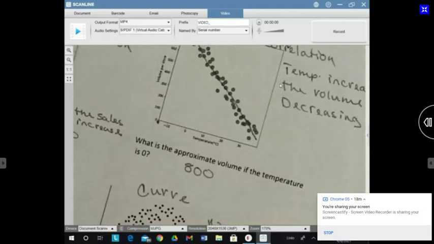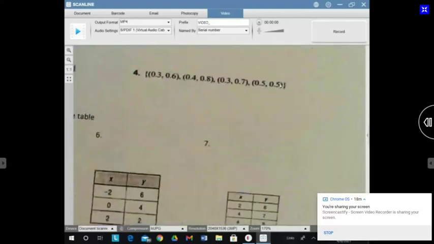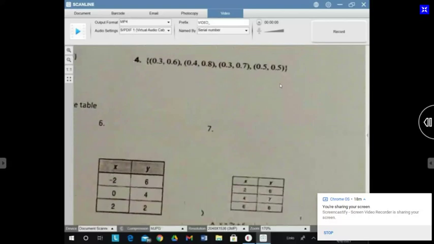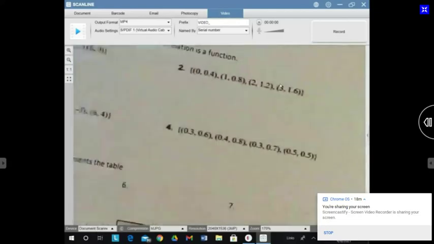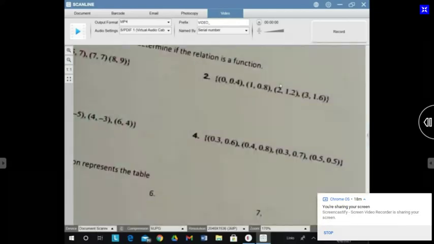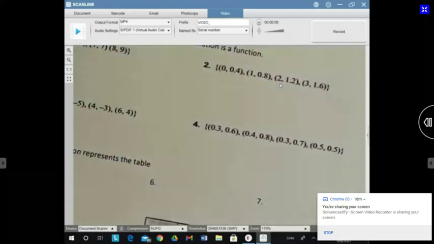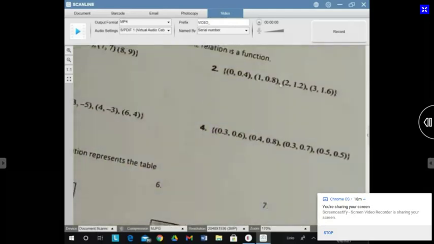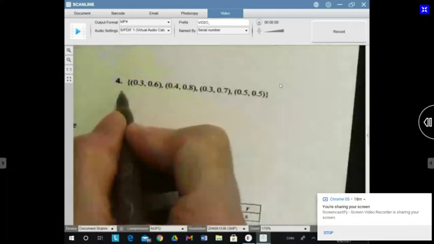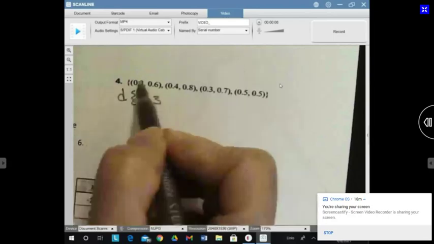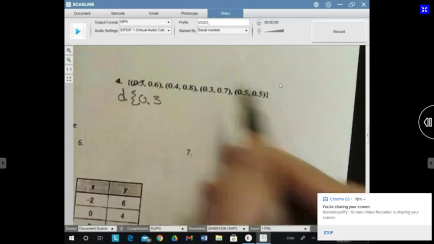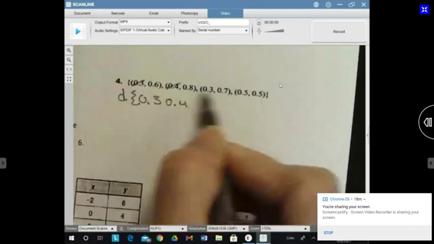Okay, let's flip to that first page. 1 through 4, we'll do one of those. Which one should we do? Okay, so what is my domain? 0.3. And I'm not going to write it a second time, right? You just have to write it once. I already wrote that one. 0.5.